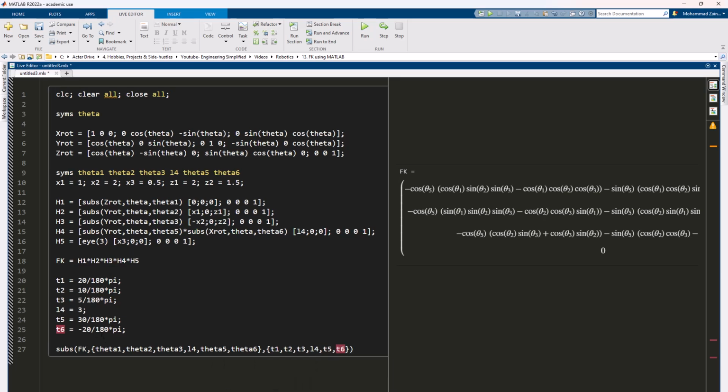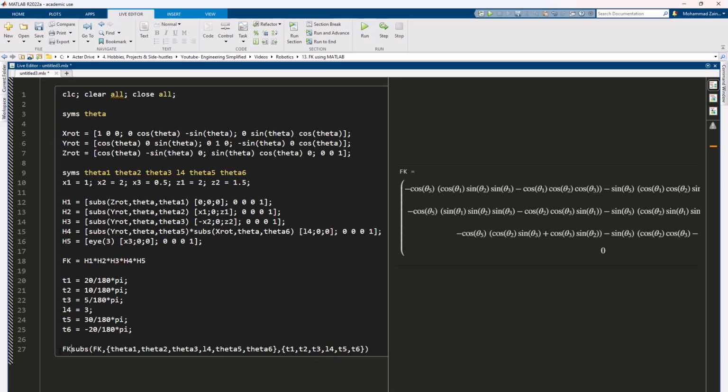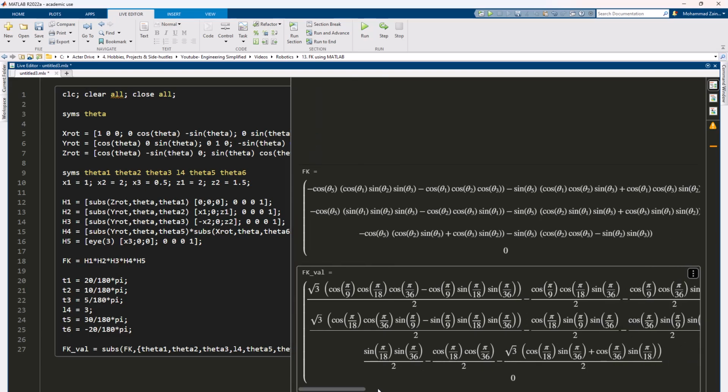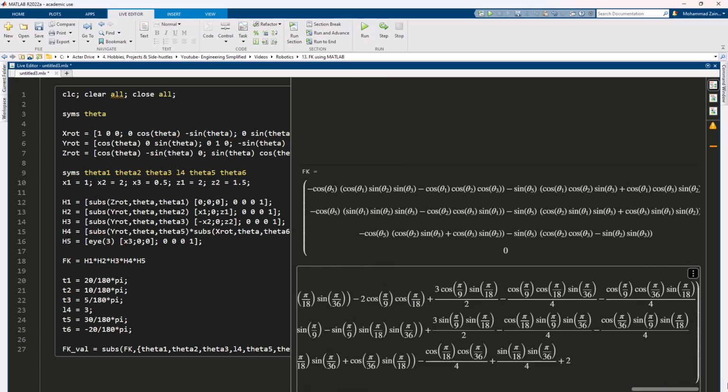Now I can call this forward kinematics with values. When I run this, I am going to get a 4 cross 4 matrix, which is a homogeneous transform.